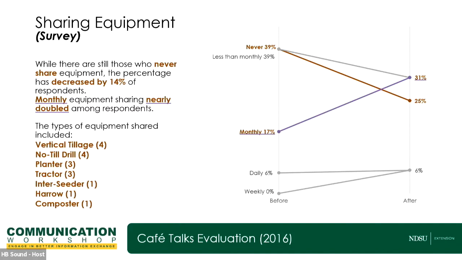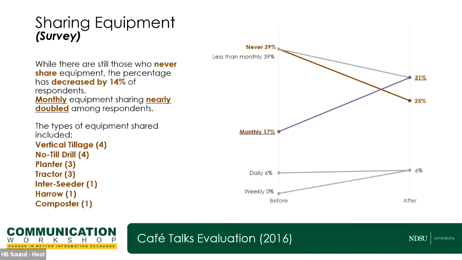But then if they did say that they were sharing equipment, the next question was a big empty box. What kind of equipment are you sharing? Because we didn't know, and so that's what we captured there. But the first question was definitely close-ended. How often are you sharing equipment?